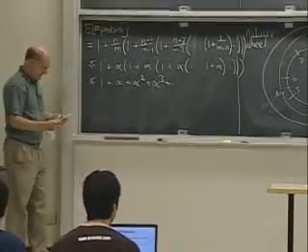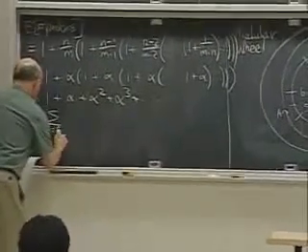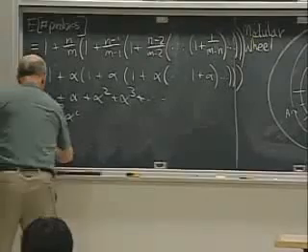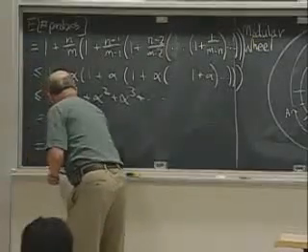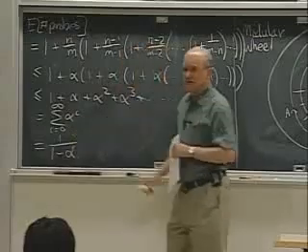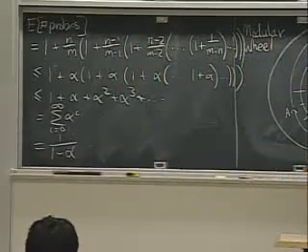And that is just the sum i equals 0 to infinity of alpha to the i, which is equal to 1 over 1 minus alpha, using your familiar geometric series bound.